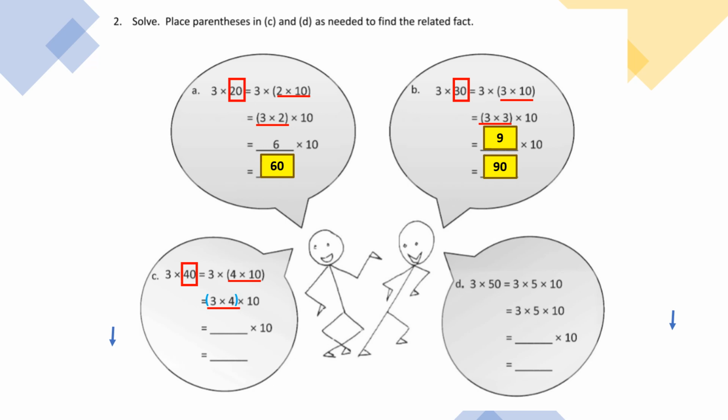Now, what's 3 times 4? If you said 12, you are absolutely correct. 3 times 4 is 12. Now we have to multiply 12 times 10. Now, it might look scary.